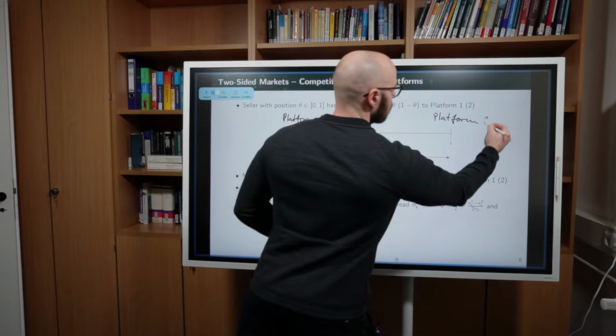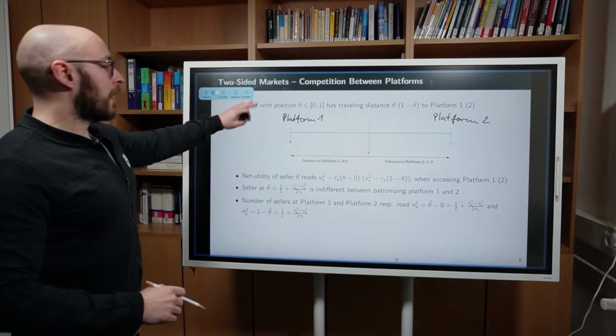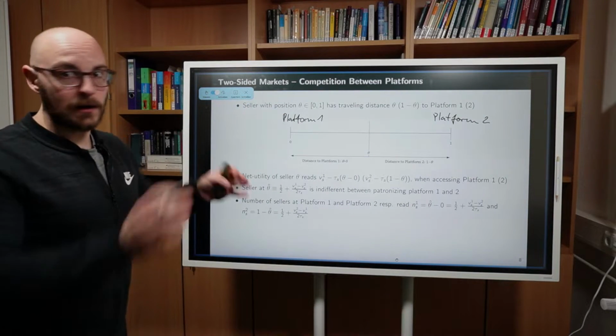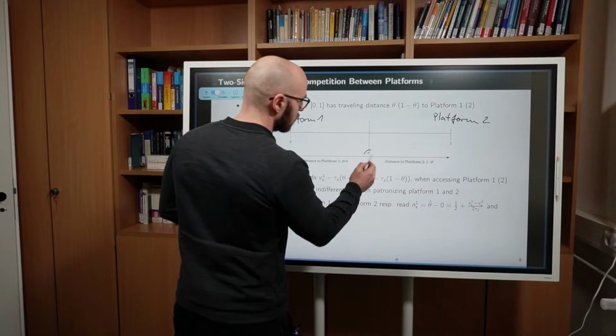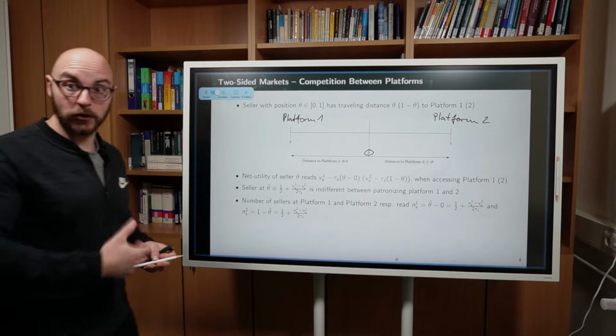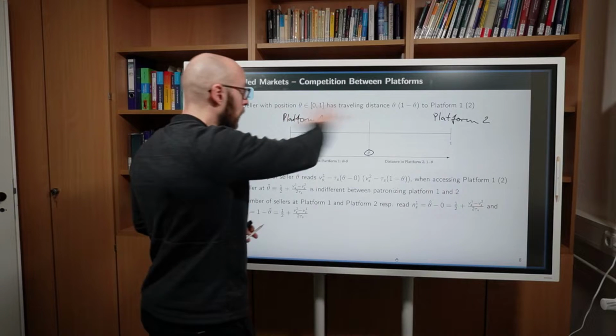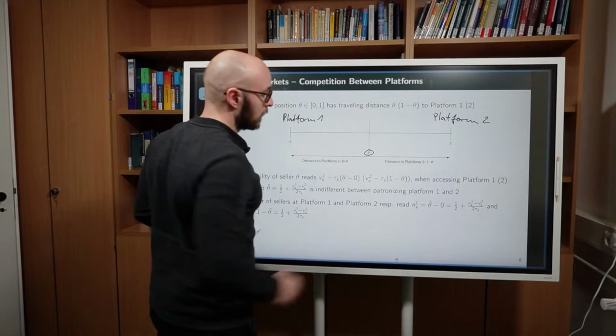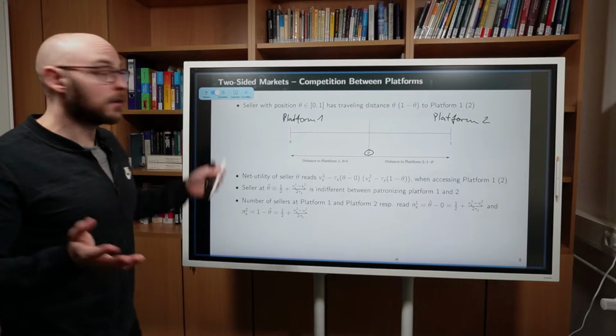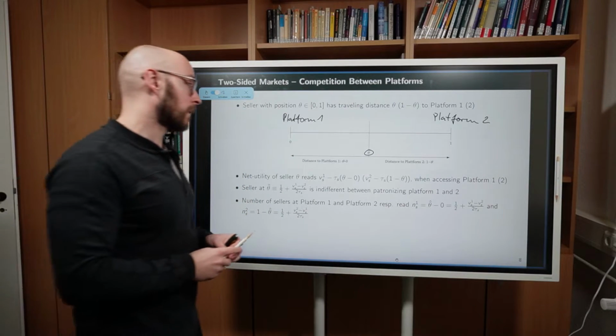We have a seller. We take just one seller, pick him randomly, and say that he's located here. So he has location theta. This theta is somewhere between 0 and 1, and in our example here, it looks like he would be located at 0.5, but it doesn't really matter to illustrate our concept.